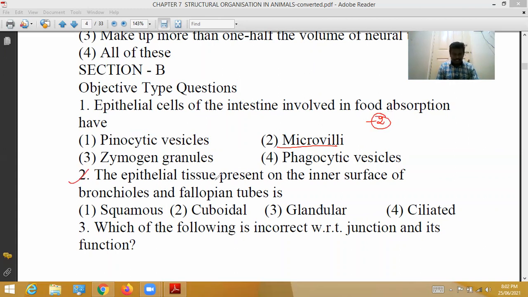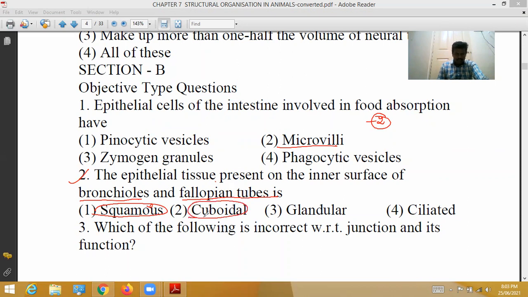Second question: the epithelial tissue present on the inner surface of bronchioles and fallopian tubes is what kind of epithelial tissue? It is found on the inner surface of the bronchioles in the respiratory tract and the fallopian tubes of females. Squamous epithelium is the wrong option, as it is not located in these parts.